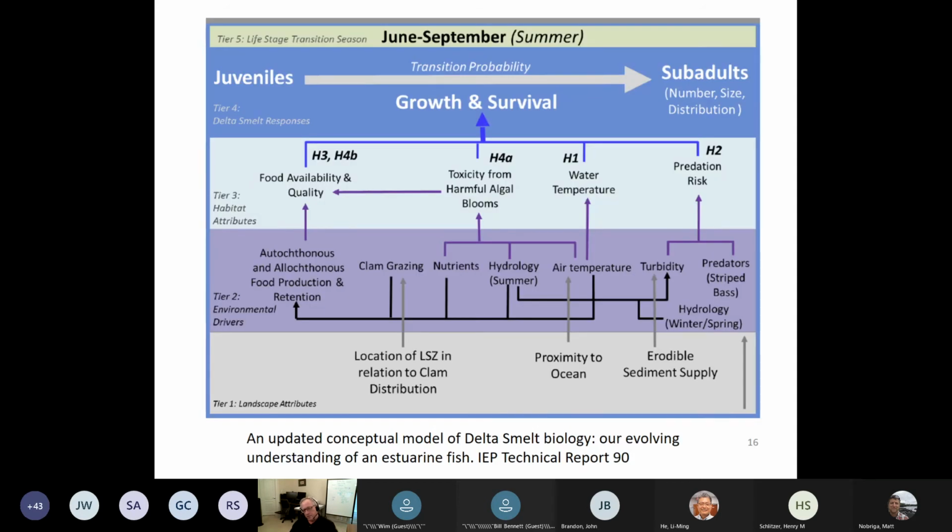We're in a lucky situation in terms of conceptual models of what factors affect Delta Smelt, because this is just one page from IEP, an updated conceptual model, and these are the possible factors that could affect survival from juveniles to subadults, which occurs over the summer.